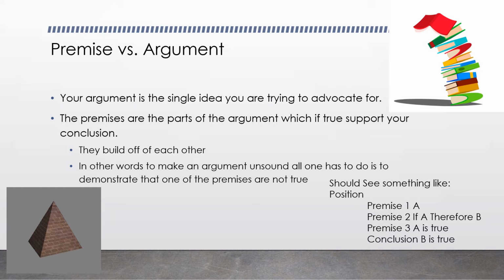Here's a noteworthy article, or here's some other philosopher who's claimed it, or something along those lines. Conclusion: therefore, B is true. So, right, we've built this logical sort of frame. The conclusion is the very last thing that everything else is building to.